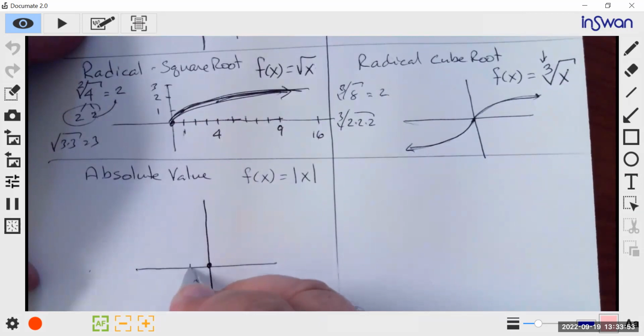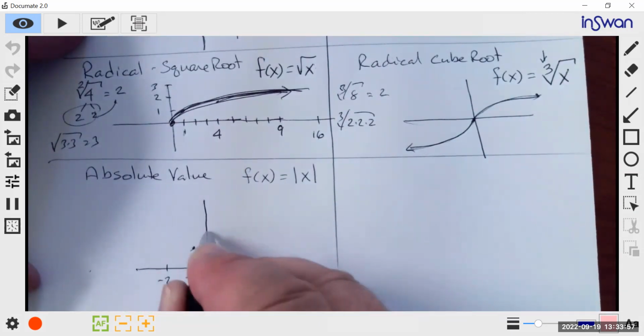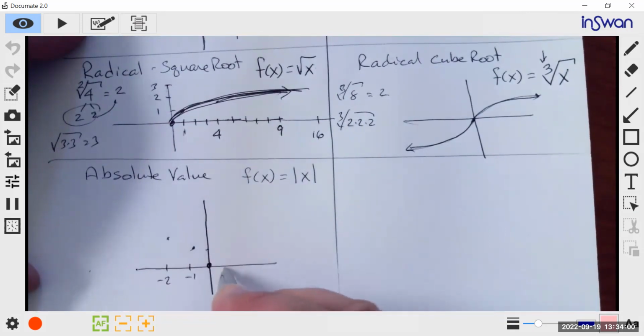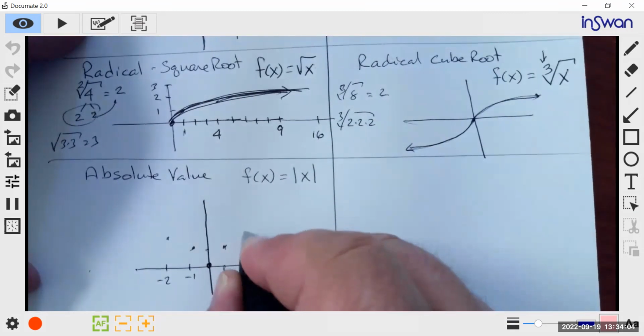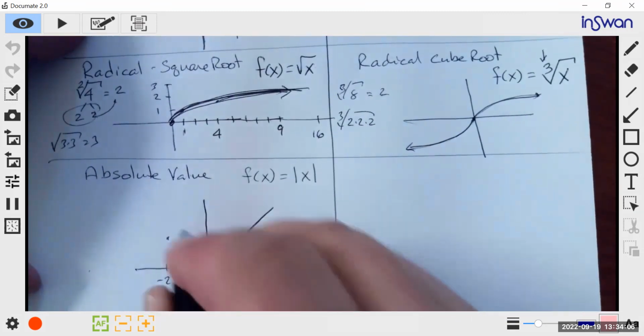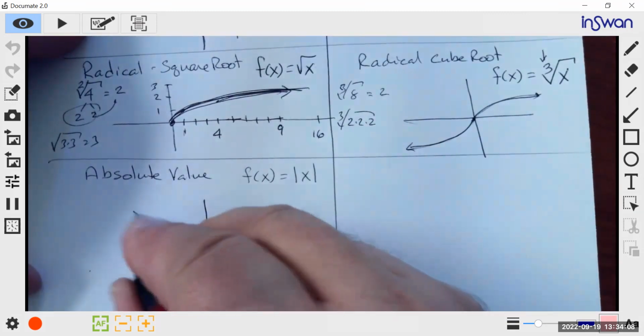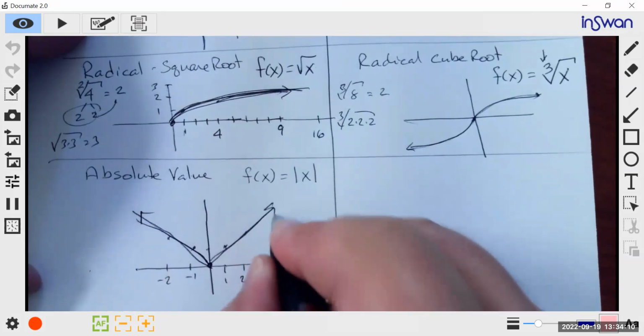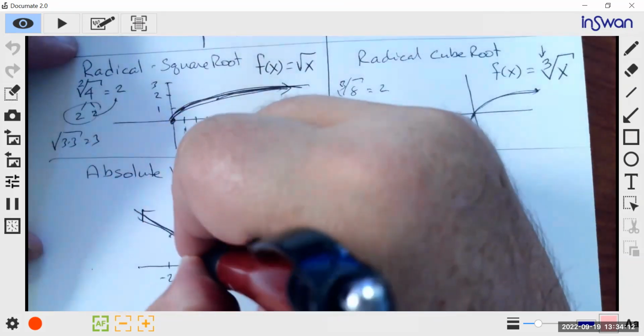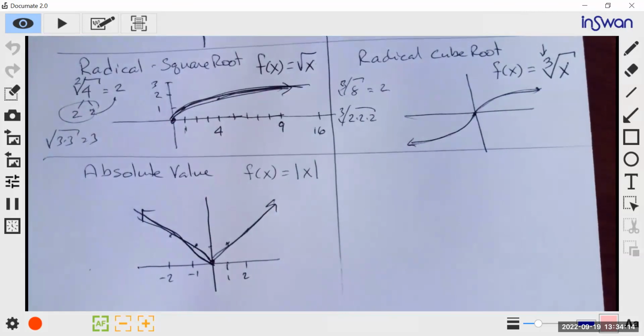Absolute value of -1 is 1. -2, absolute value of 1, absolute value of 2. So it keeps on going this way. It's a V. It's 2 linear equations.